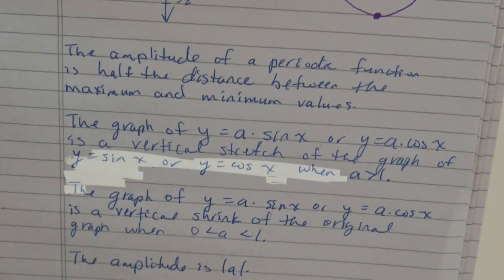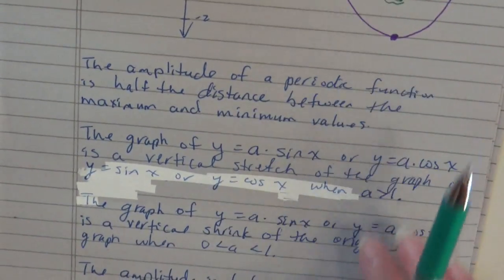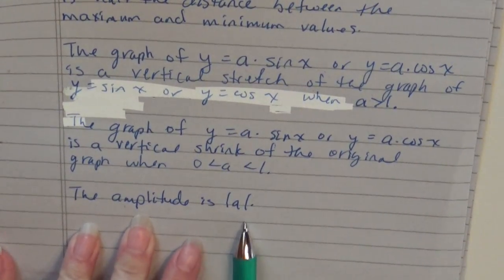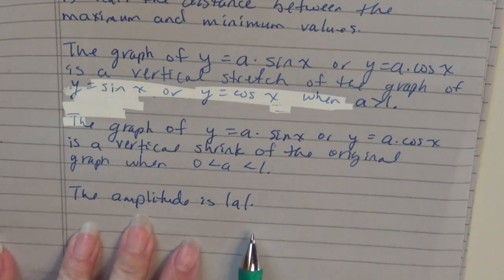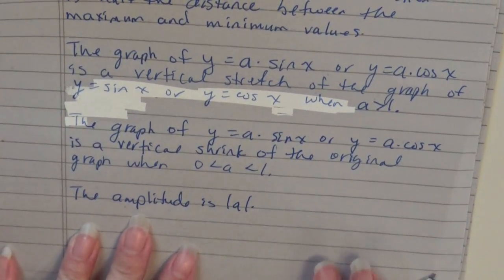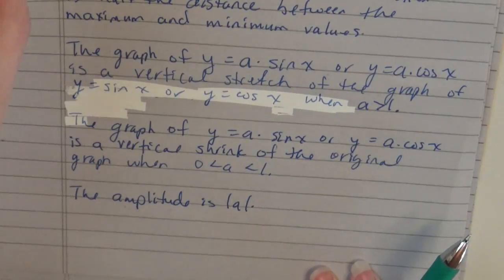It's going to get squished. So the graph of y equals a times sine of x or y equals a times cosine of x is a vertical shrink of the original graph if a is between 0 and 1. And then we just state again that the amplitude would be the absolute value of a. So a was the coefficient, the number that we multiplied the function by. The absolute value of that number gives you the amplitude for sine and cosine functions.